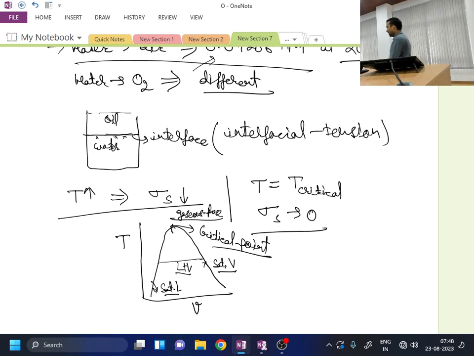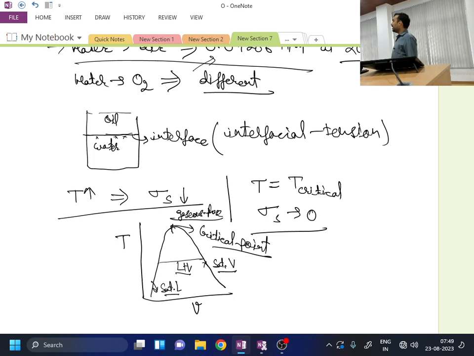Is this one clear? We have seen in our initial lectures that under the category of fluids come liquids and gases. Liquids are those fluids which create a free surface, but gases are those fluids which do not create a free surface. So any liquid whose temperature is above its critical point will be present completely in the gaseous phase, and it will not create any free surface.